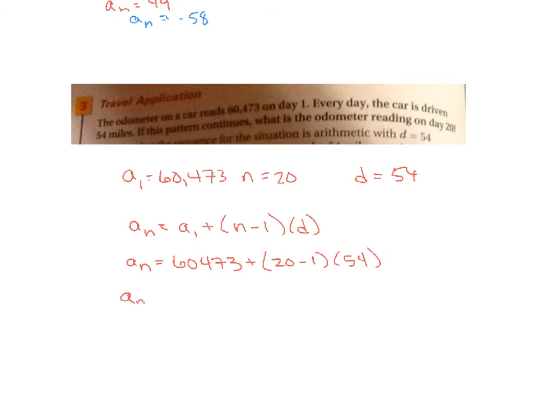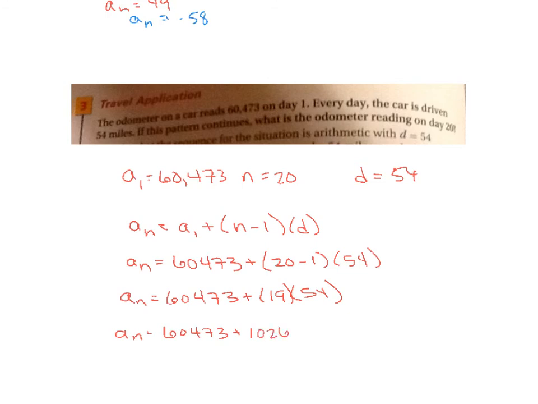So then we use order of operations, and we leave this the same, but 20 minus 1 is 19, and then we're going to end up timesing that by 54, and I need a calculator for that. Alright, so we're going to take AN equals, bring down 60,473 again, plus 19 times 54, and get 1,026.